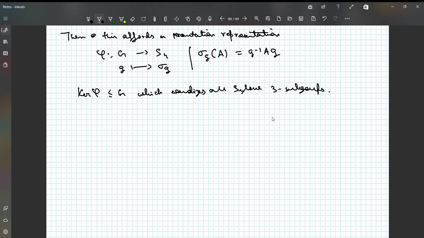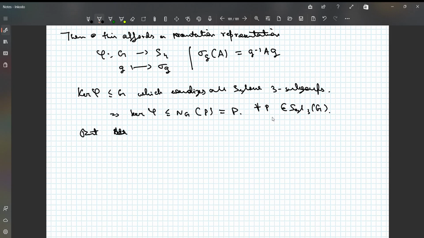But if it normalizes all Sylow 3-subgroups and P was assumed to be a Sylow 3-subgroup, then by the definition of a set normalizing another set, the kernel of phi must be in the normalizer of P. But the normalizer of P is exactly P. This happens for all P in the collection of Sylow 3-subgroups, because P was arbitrarily chosen.